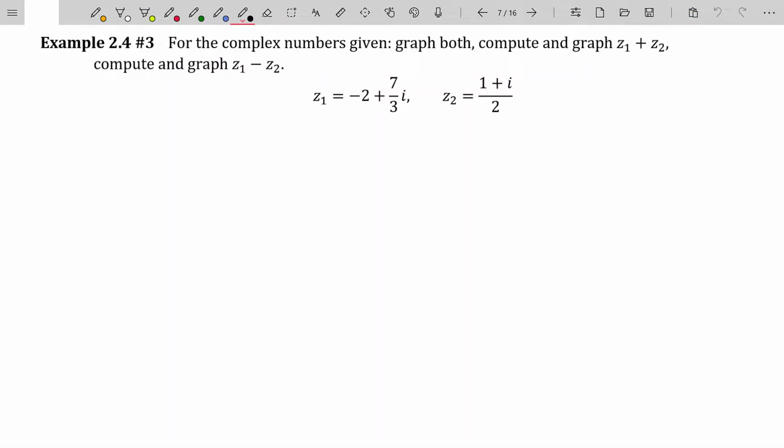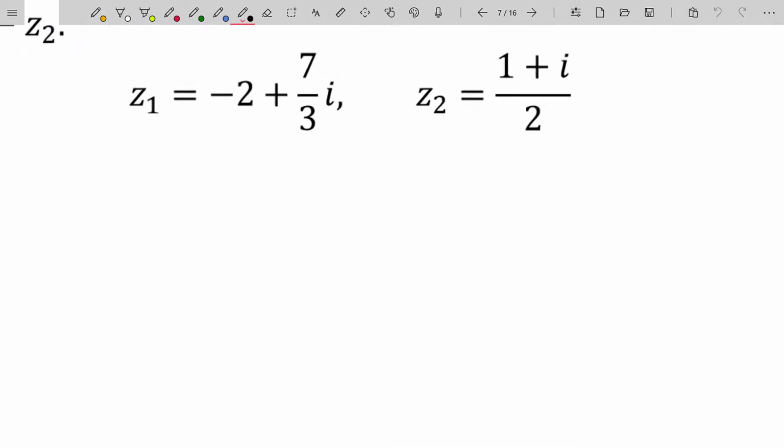For the complex numbers given, we're going to graph them, compute and graph z1 plus z2, and then compute and graph z1 minus z2. Here are the complex numbers. z1 is just -2 plus 7/3 i. z2 is 1 plus i over 2. Note, there's a little bit of an issue with z2.